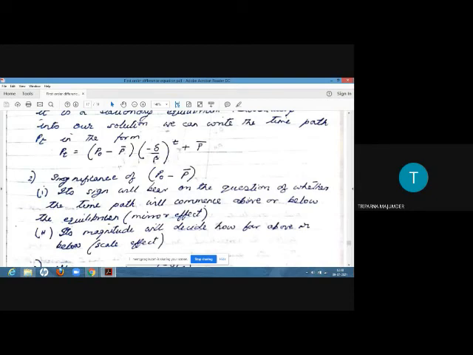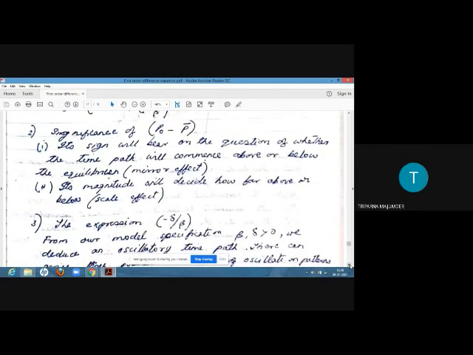That is, whether the time path begins above the equilibrium or begins from below the equilibrium. Its magnitude will decide how far above or below the equilibrium it is. So that is our scale effect.